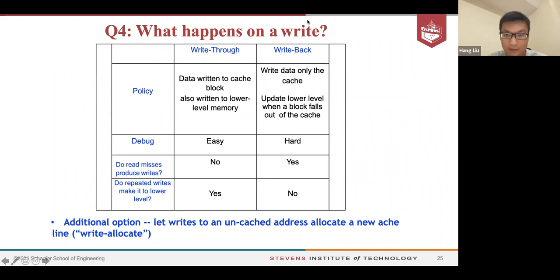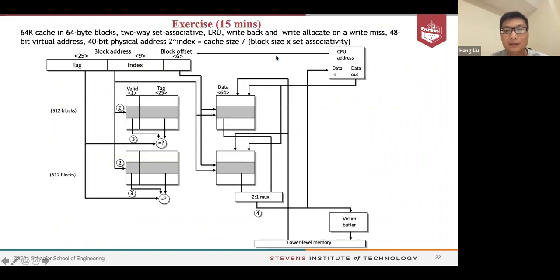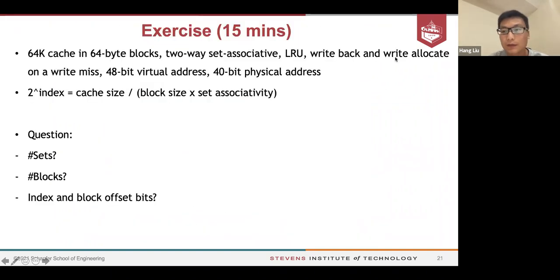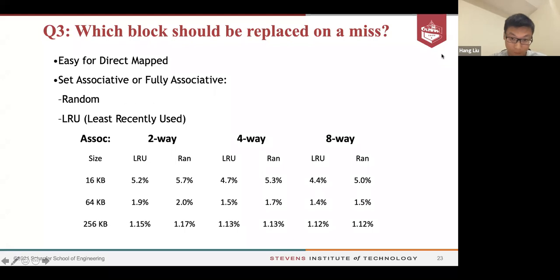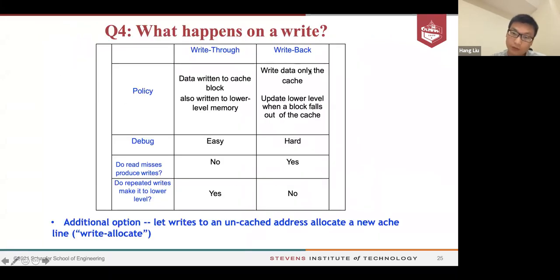What about write? This is a very, very important concept. We have said we do write back here. We see it's a write back memory. What is write back? What is write through?